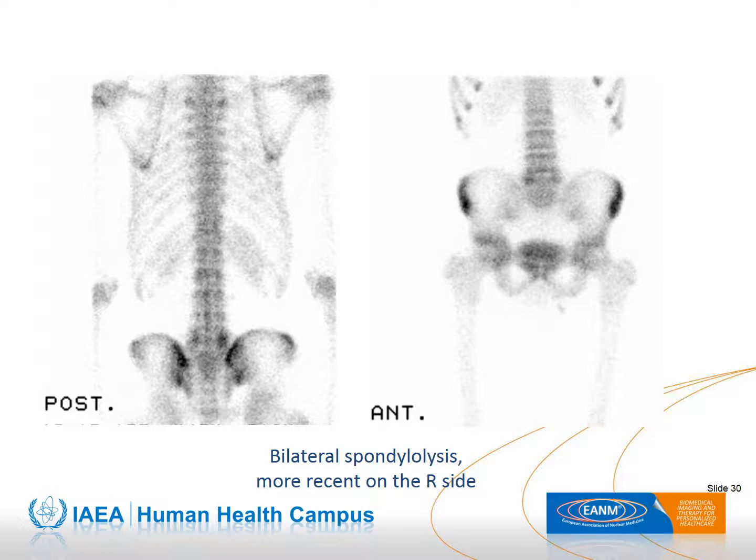Note also the abnormal tracer uptake on the left side, which is more discrete and therefore probably older. Bilateral forms are frequent and destabilize the vertebra, which may be displaced forwards.